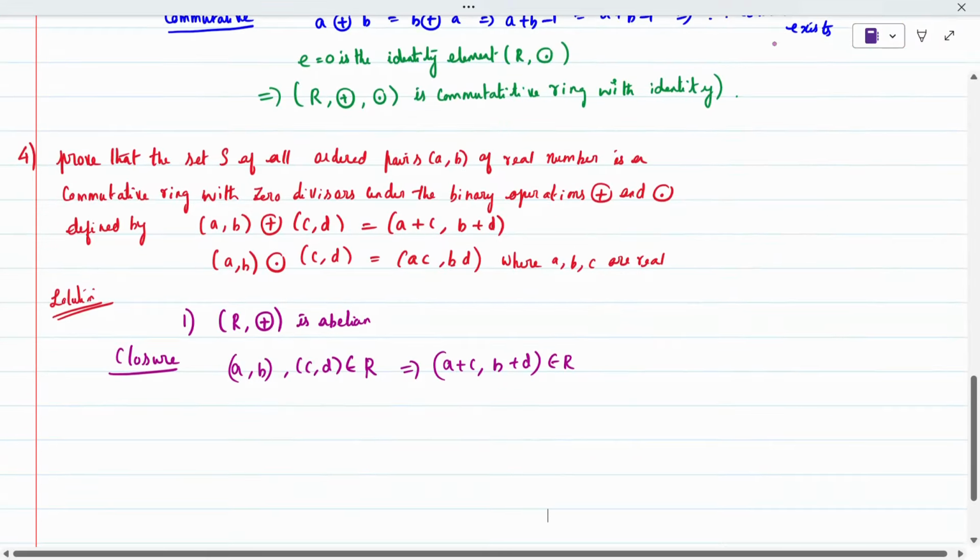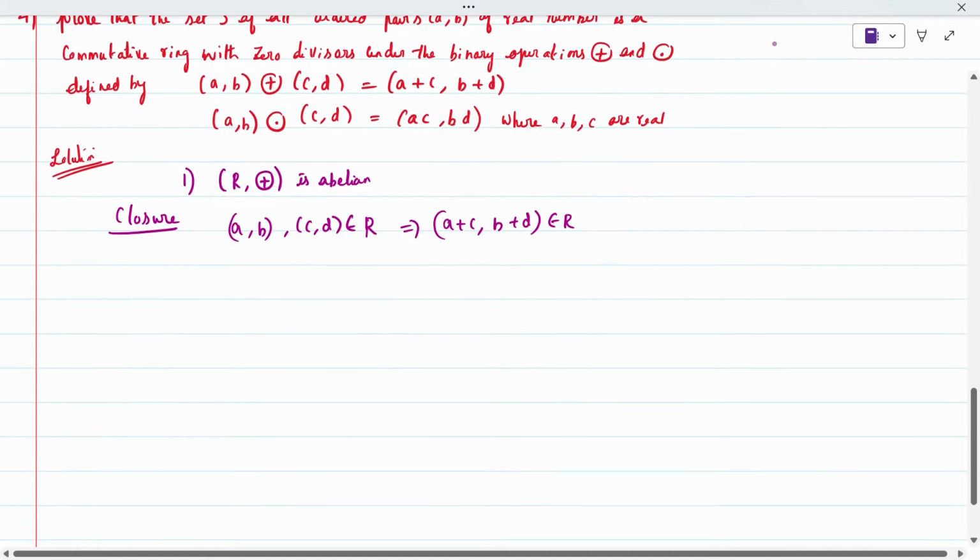Second is associative. When I do it, only the corresponding procedure will change.